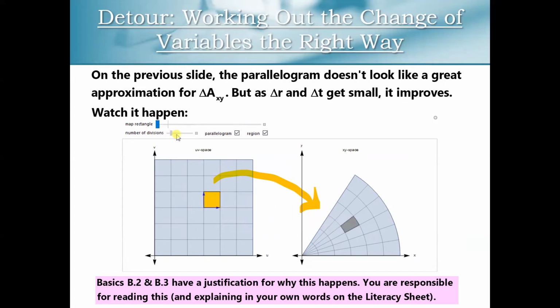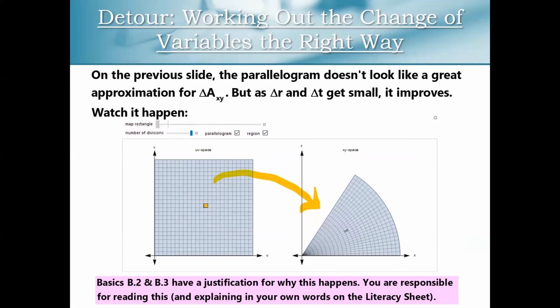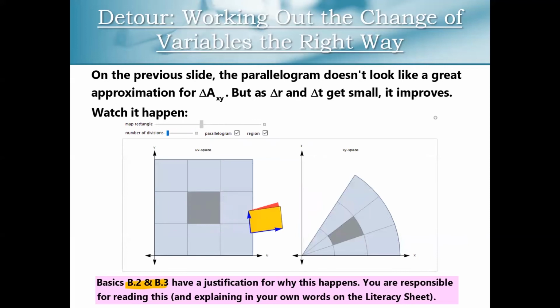And really what we're saying here is that we can describe this well with a linearization. So there's a lot of cool mathematics behind this, but this is the general principle. B2 and B3 in the book have a really nice justification for why this happens. So I do want you to read B2 and B3 in the courseware in Casile to see that justification.